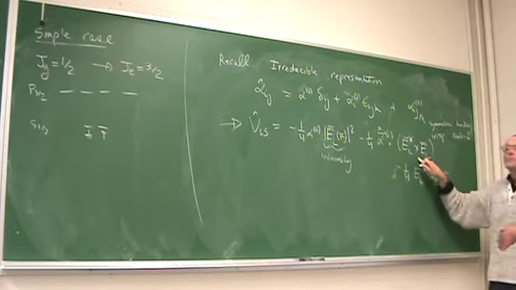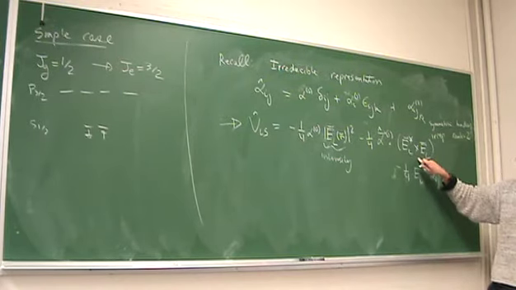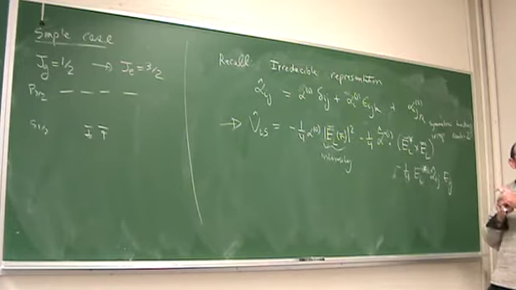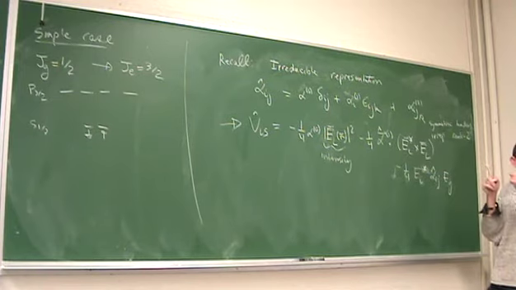This term, what happens if I have a linearly polarized field that's everywhere linear? Well then, the electric field is a linear polarization. That's a real vector, and the vector crossed into itself is 0.